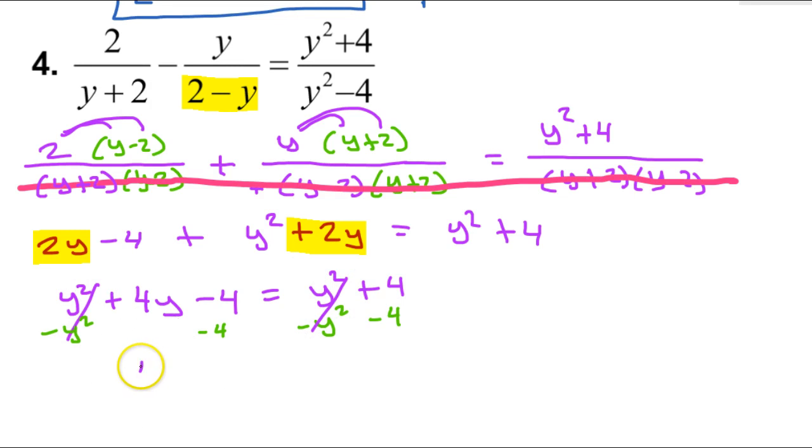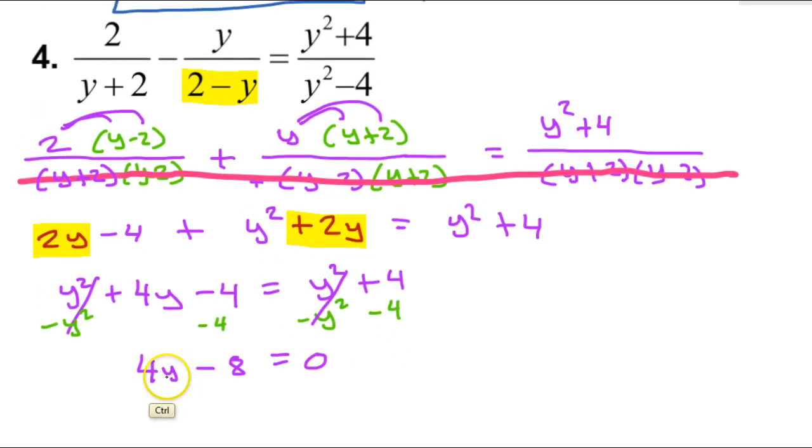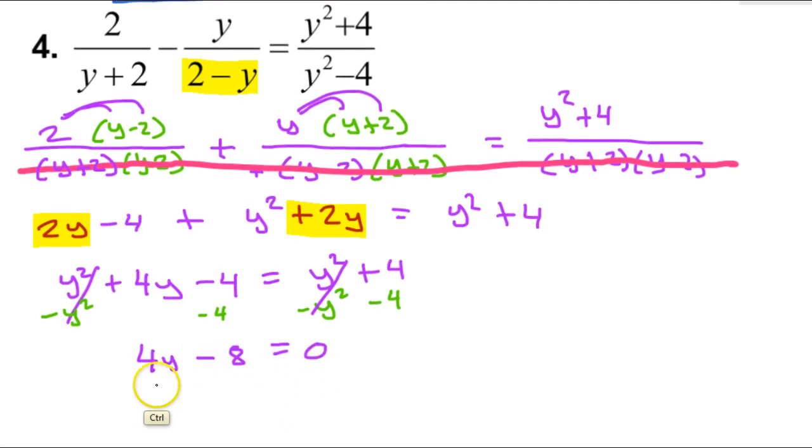So now I have 4y minus 8 is equal to 0. So I have a choice. I could do like a GCF. I could take out the 4, or I could just add 8 to both sides and divide by 2. I think I'll just keep going with having 0 on one side.